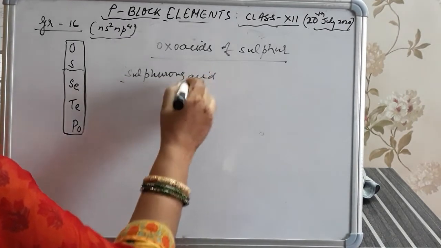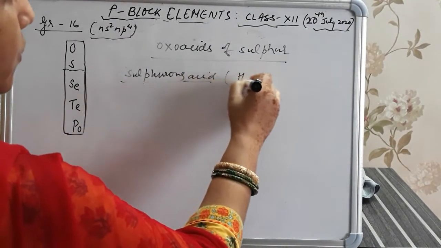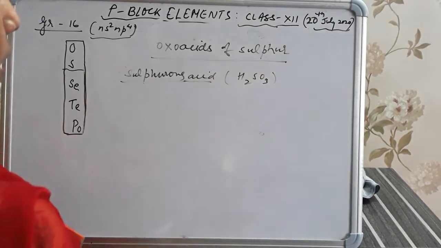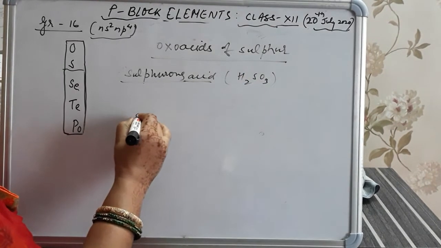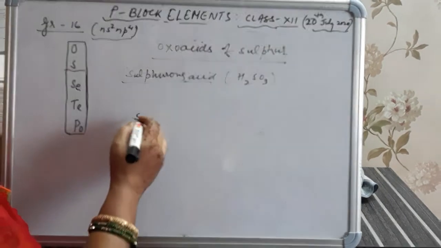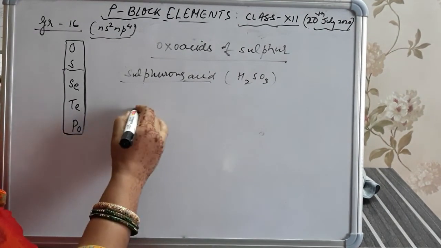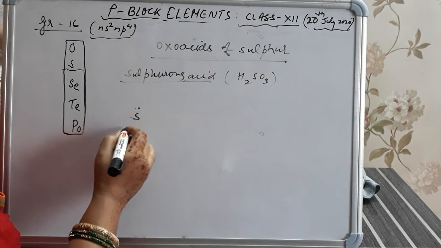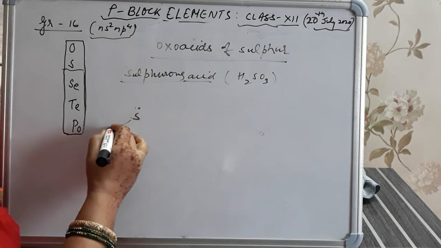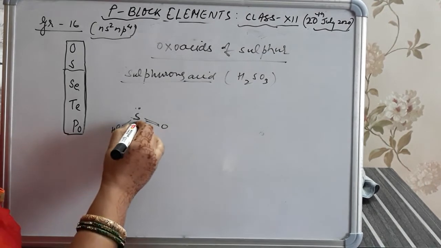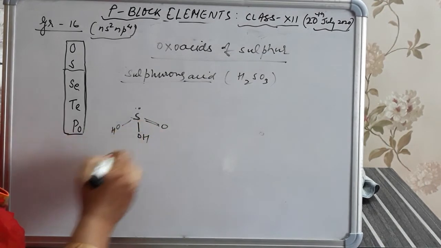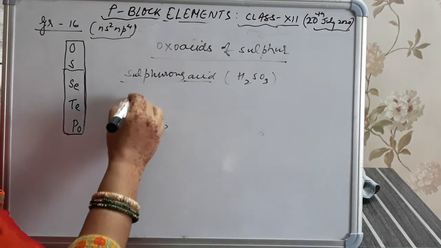The formula of sulfurous acid, as we know, is H2SO3. What will be the structure of sulfurous acid, students? Try to draw it. So sulfur, one lone pair is present here, one OH bond, a double bond oxygen, and one OH bond. This is sulfurous acid.